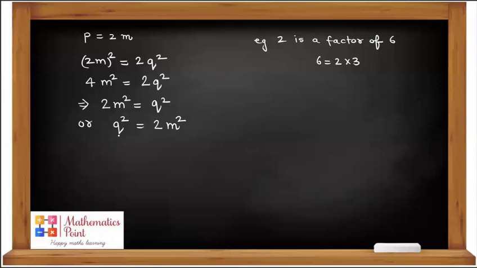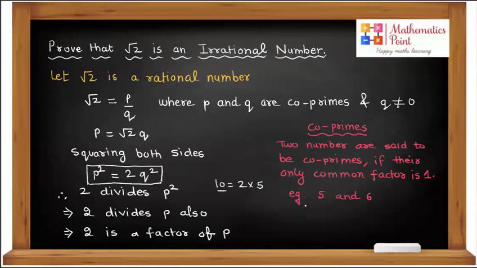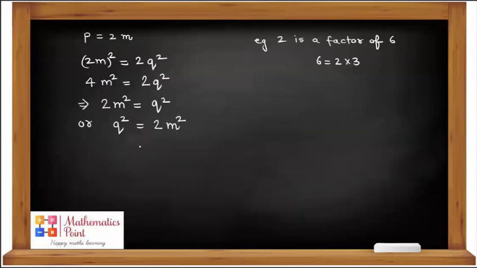Now, when I say that Q square is equal to 2M square, it means 2 divides Q square. Just like here, when I said that P square is equal to 2Q square, so 2 divides P square. In the same way, when we are getting Q square is equal to 2M square, it means that 2 divides Q square.